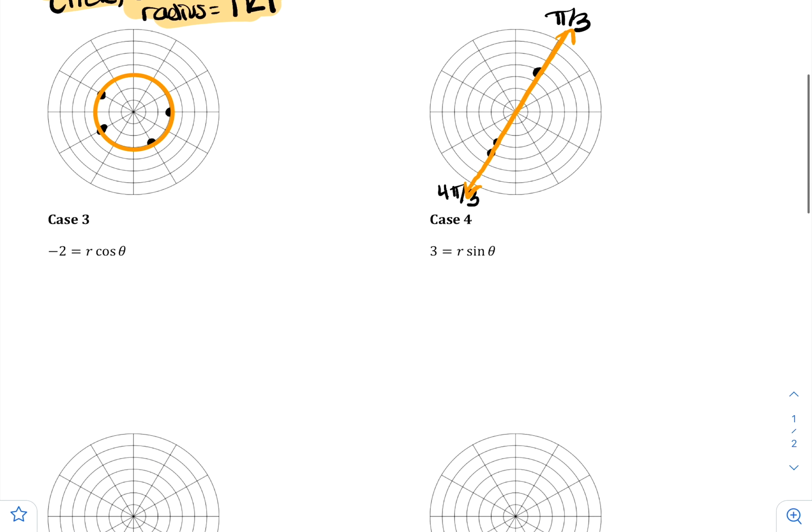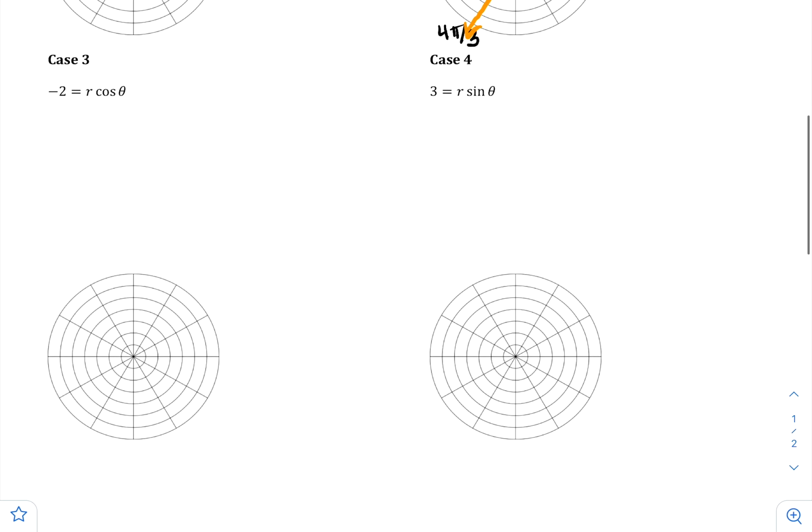Case 3 and case 4 are almost even easier, as long as you can see the equation. Case 3 is the equation where you have a number k equal to r cosine theta, where k is again any real number. But r cosine theta in rectangular is x. So this is k equals x.